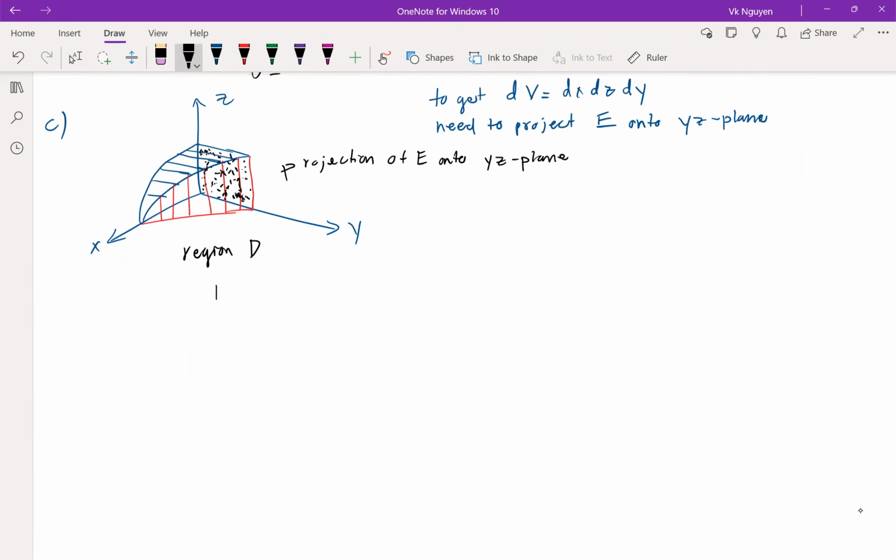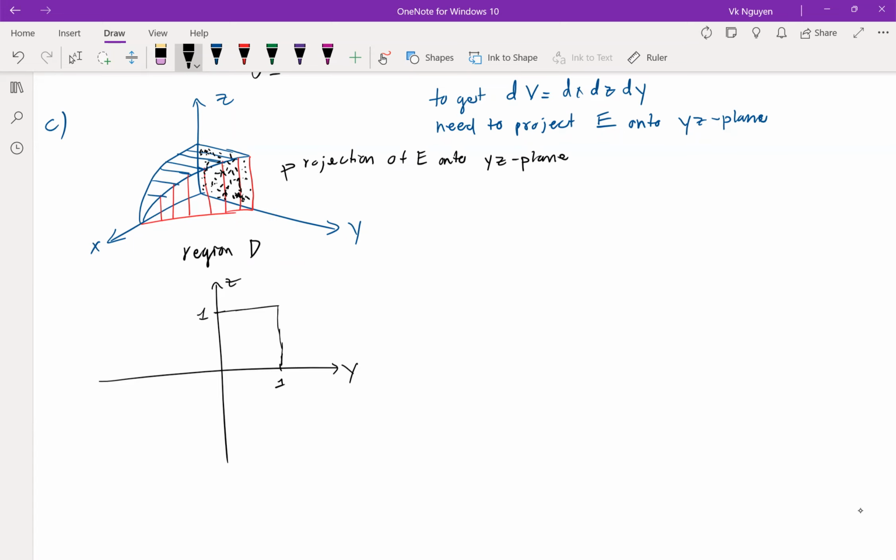Okay, so Y and Z, right? Y equals 1, Z equals 1 is just a square right here. But this square region is cut up by this line right here.